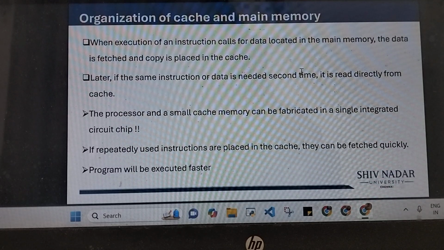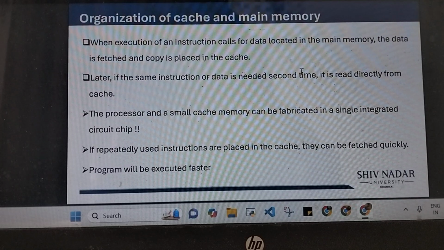So if there is one particular instruction, let's say, which I am going to be executing 10 times, and if that instruction is present in my main memory, I have to go to the main memory 10 times, bring it, store it in the register and execute every time, which is not feasible in terms of time and in terms of the effort, the computation taken. So one thing we can do is, you can keep that instruction in the register itself.